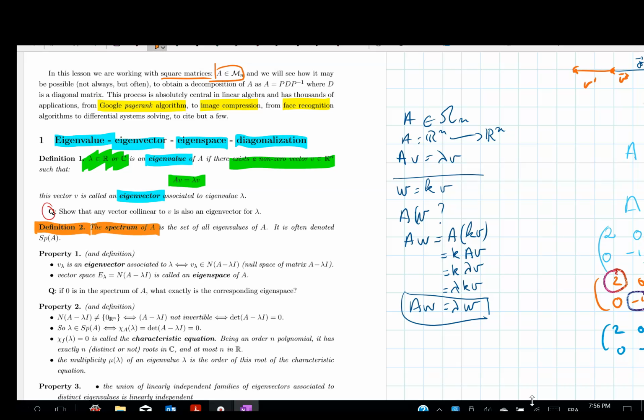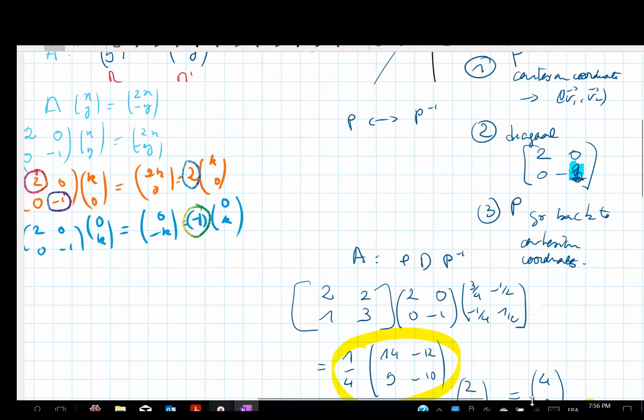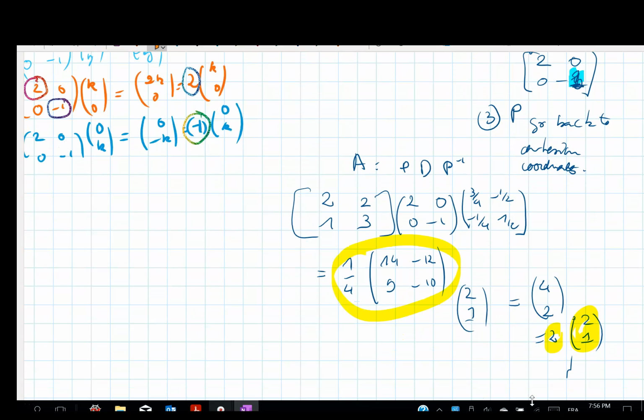The spectrum of A is the set of all eigenvalues, and it's often denoted SP of A. Isn't that nice? I've never really been able to find out who was the first person to employ this word for the set of all eigenvalues, but I think it's really nice because, let's look at this example.